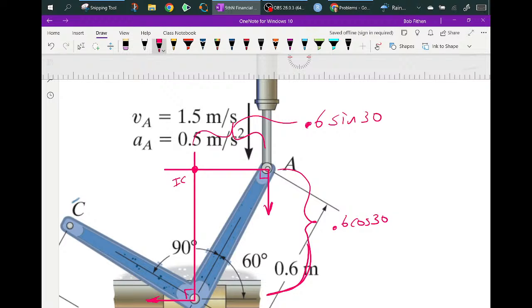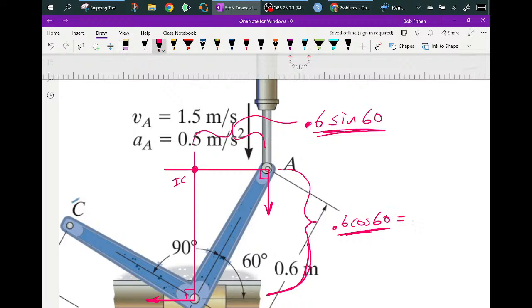0.6. Whoa. Let's see. Why did I say 30? I must apologize about that. Okay, take 60. You're going to cosine it.